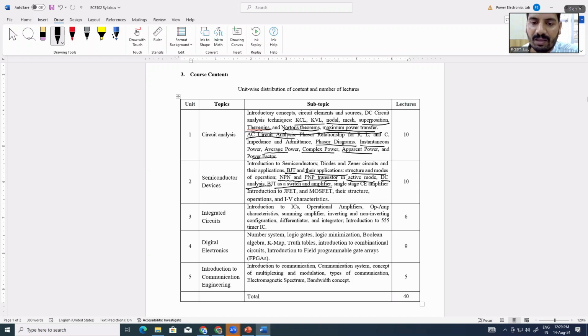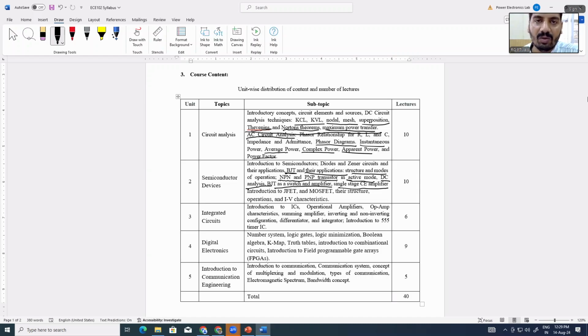Then the single stage common emitter amplifier: there are various categories of amplifiers that you will study, and especially you have to study the common emitter amplifier. There are three terminals of BJT: emitter, collector and base. Based on the common emitter terminal, the name is common emitter amplifier.